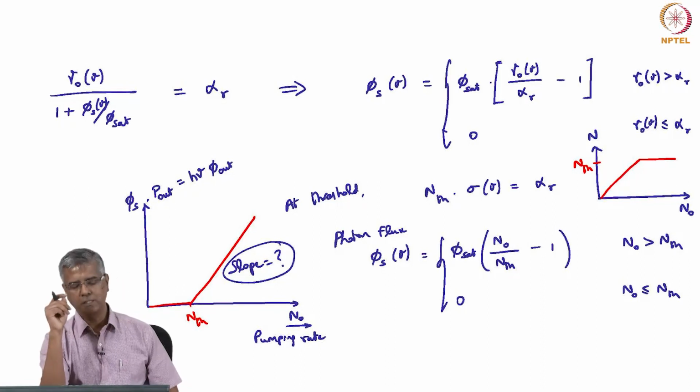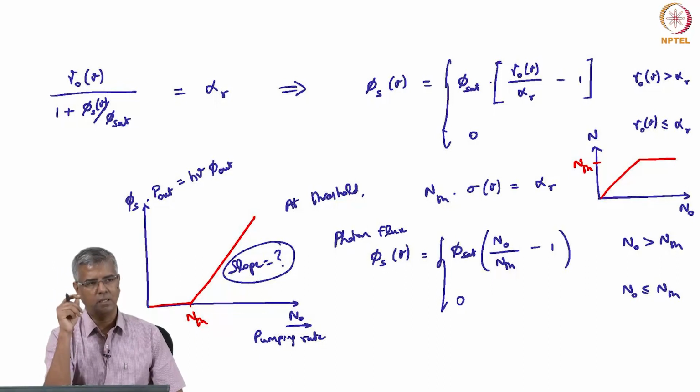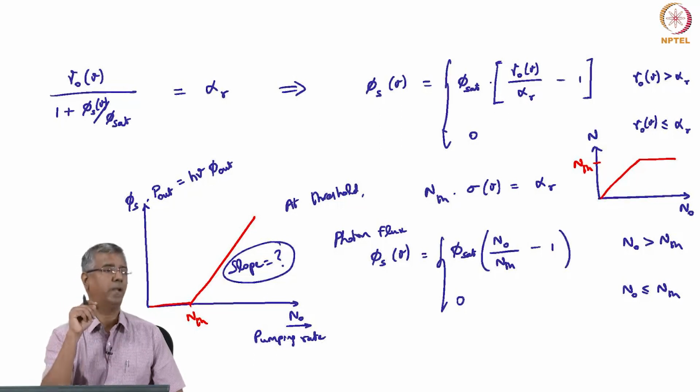That slope efficiency, I should mention, is related to one more common terminology that is used, which is called the wall plug efficiency. As a user of a laser, you do not want to worry about how much I am pumping, how many signal photons I am getting and all of that.